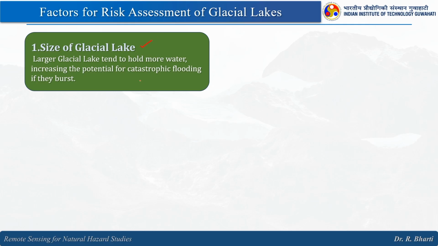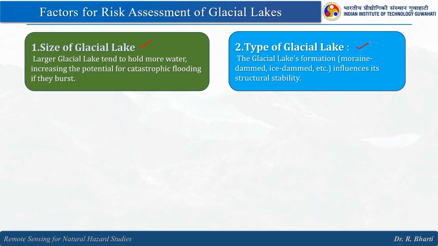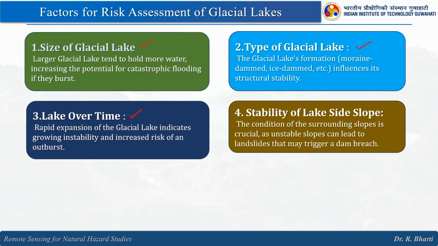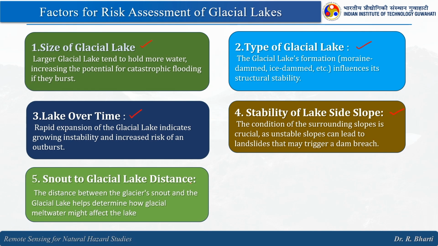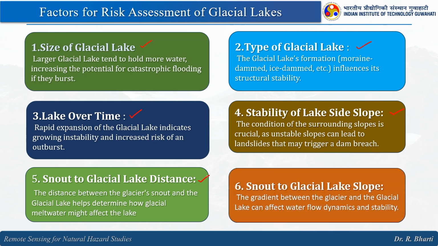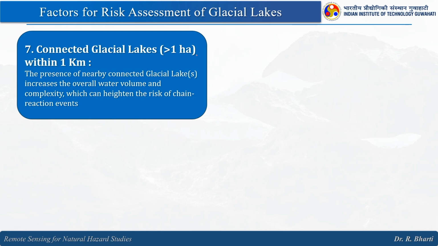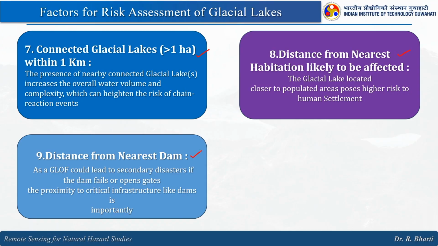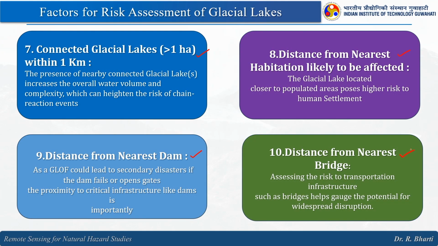Let us see the factors one by one: size of the glacial lake, type of the glacial lake, lake change over time, stability of the lake side slope, snout to glacial lake distance and slope, connected glacial lakes within 1 kilometer, distance to the nearest habitation likely to be affected, distance from the nearest dam, and distance from the nearest bridge, because these are very critical.